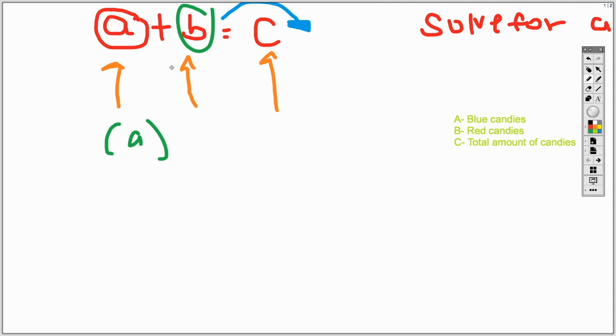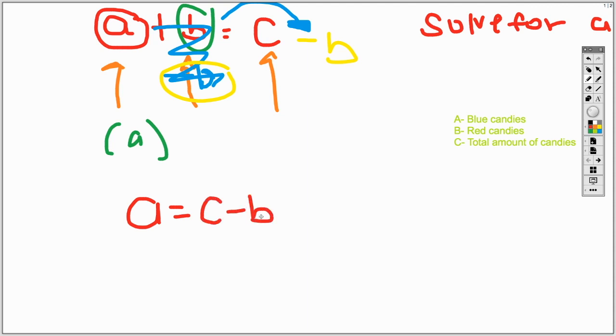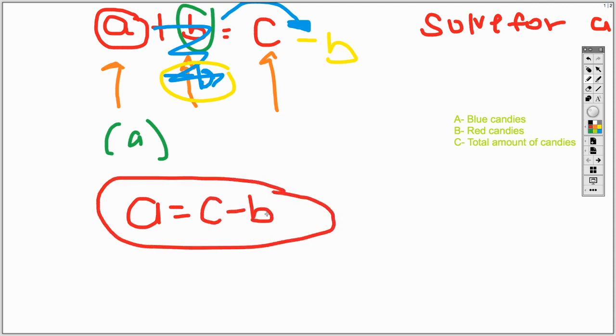And what can we do to erase the B? It's adding B, so we just minus B. And whatever you do on one side, you've got to do to the other. So basically, A is C minus B.